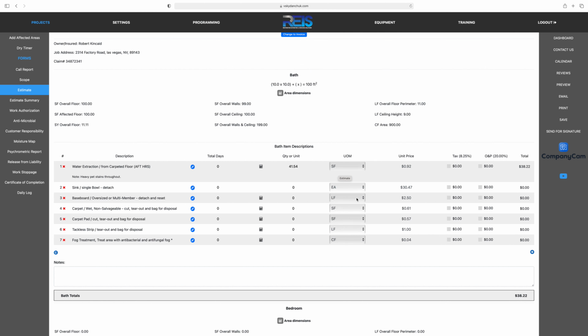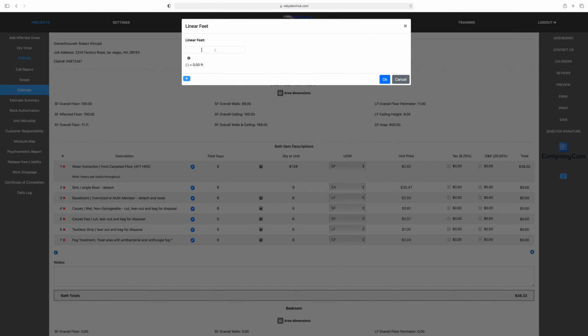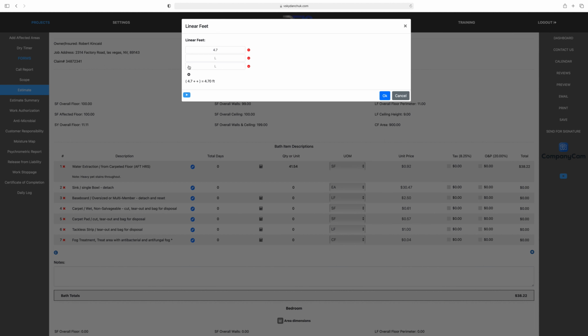Linear foot is going to be similar. You just pick your linear foot. So let's say one wall was 4.7 linear. Obviously it's not one wall. There's going to be another wall and another wall and another wall. So let's say this other wall was 3.7, this other wall was 2.8, and lastly, this wall was 2.2.